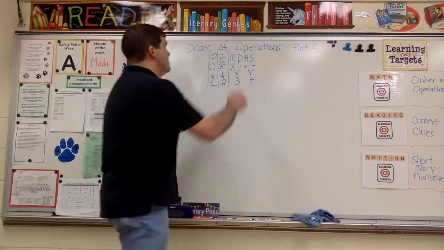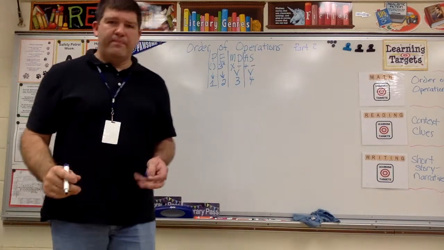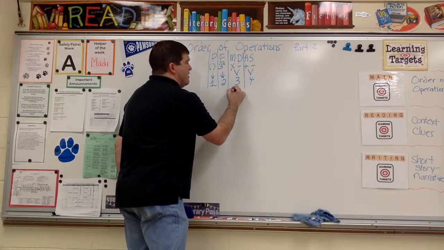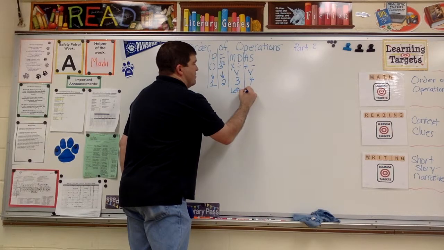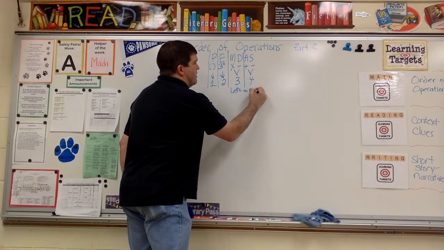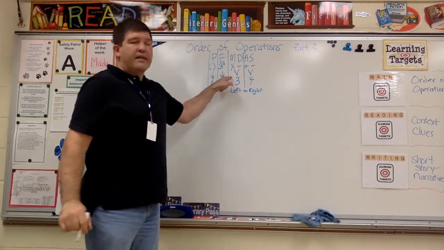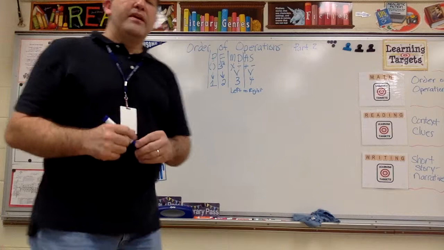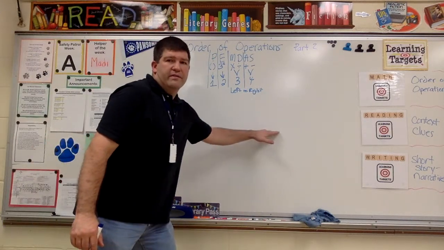The third step is dealing with the multiplication and division. And once you get to this third step, you're going left to right. Okay? So right here, I get to this third step, to where I have to do all the multiplication and division. I'm going to start at this left side and just go all the way across.